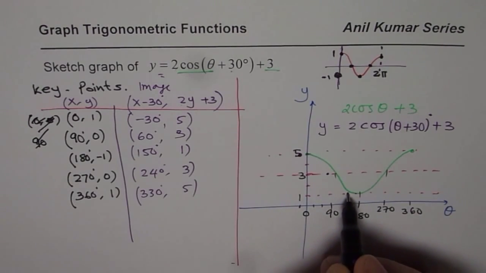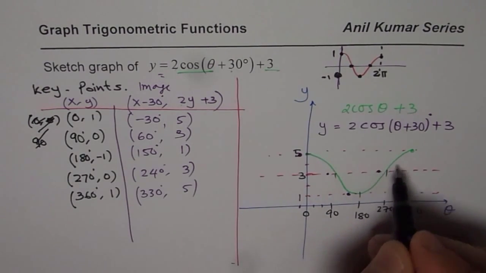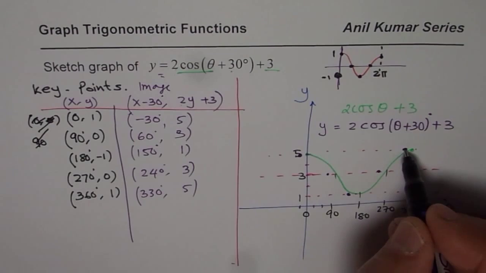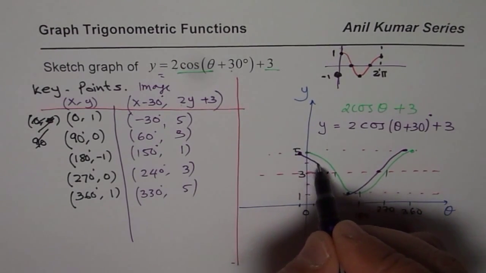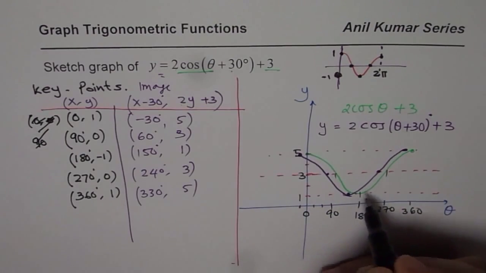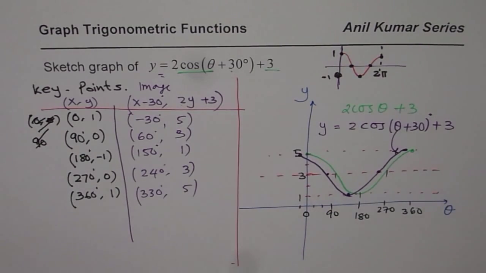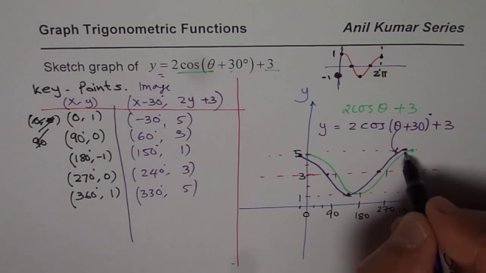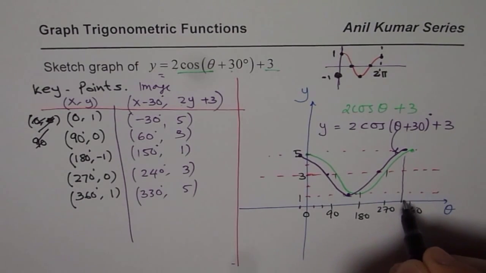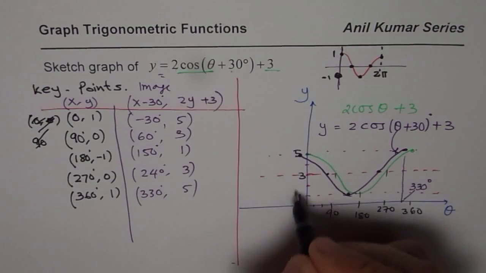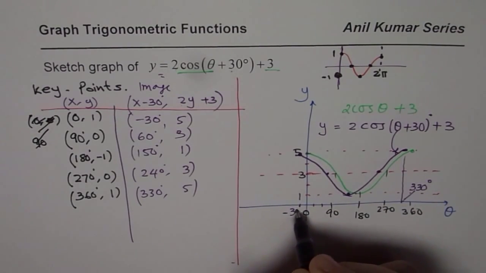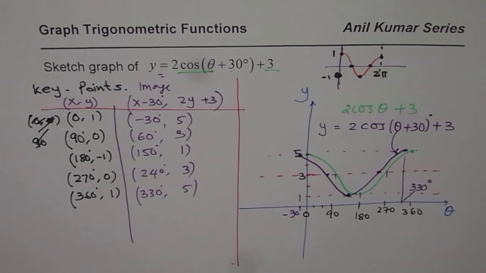Do you see that? Do you get it? Now we just combine them. Do you see? So that is your final graph. And of course it ends up 30 units before. So let me write this point as 330 degrees, and the starting value is minus 30 degrees. Do you get the graph?